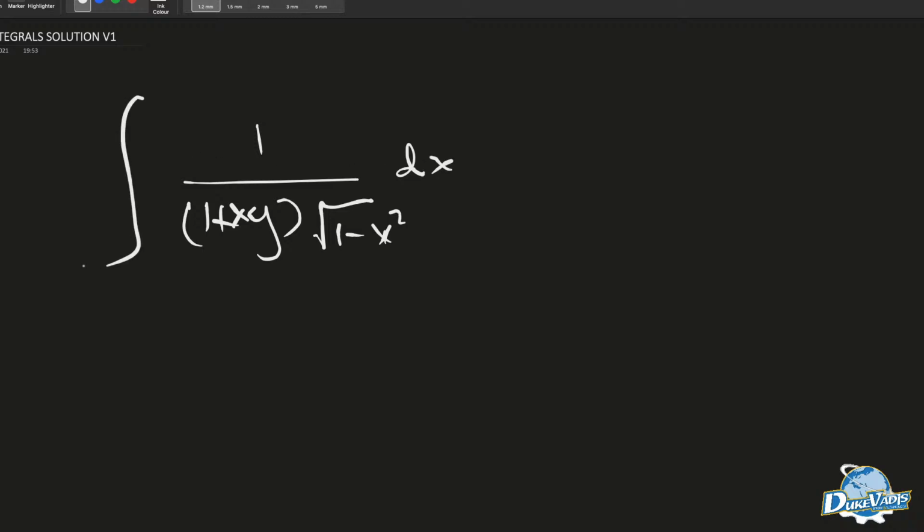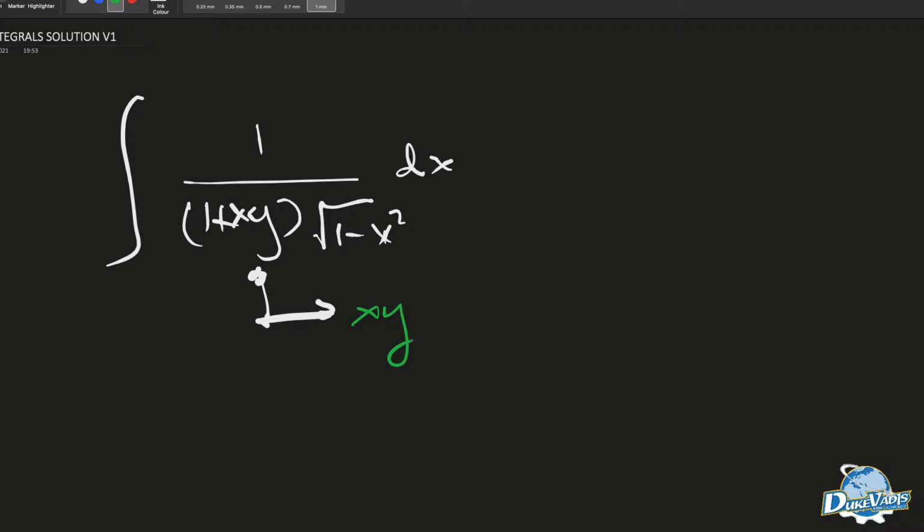That's the integral that we're supposed to manage. But if you look at the integral very carefully, we will see that the xy was the reason why we found it very difficult to solve. So tonight we are going to take our time to break it step by step.